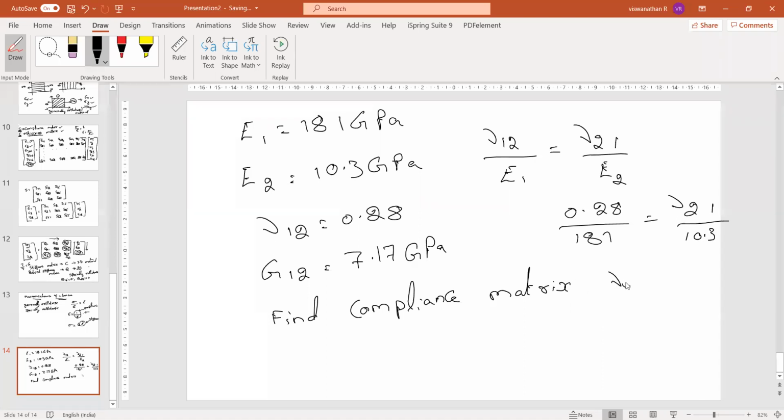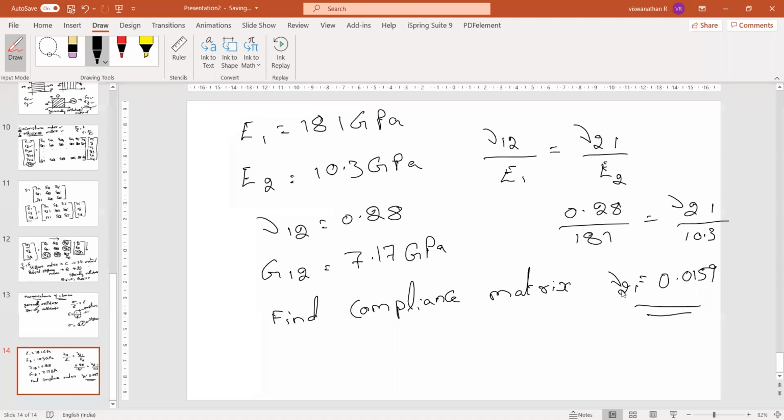How much is nu21? Can someone calculate this and tell me? 0.0159. So what is this called?